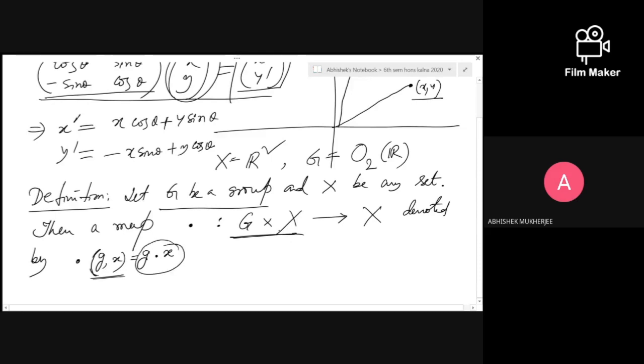This is the notation of the image of that map at this point.